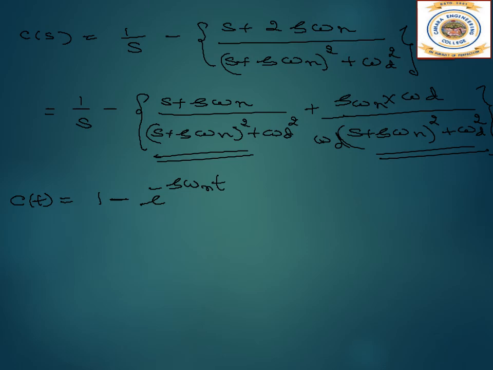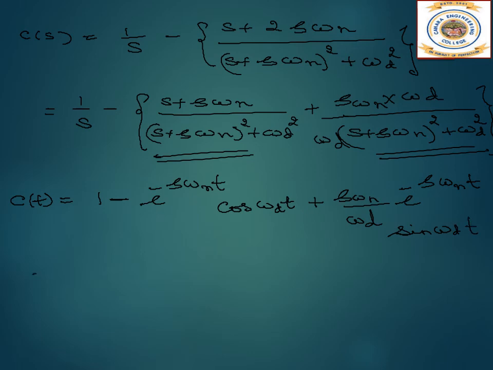into cos omega d t plus, here zeta omega n are constant terms, omega d will remain, and again it is a delayed term, so e to the power minus zeta omega n t, and it is sine omega d t.